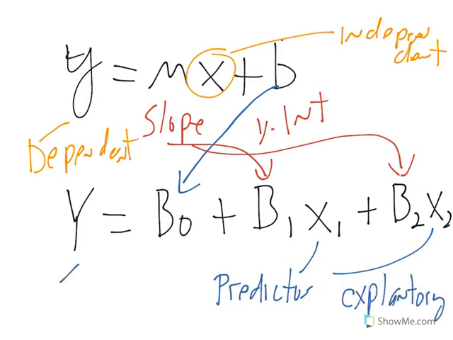And y is the response variable. So, still the dependent, but basically the y becomes how the variable responds to the things that we think have correlation. So let's talk about correlation for a minute.